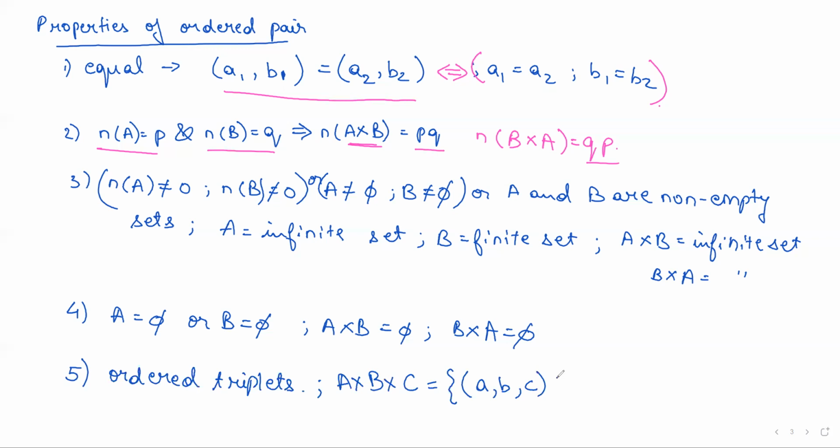I'm considering small a to be a variable representing elements of A, small b a variable representing elements of set B, and small c a variable representing all the elements of set C. This (a, b, c) in round brackets is an example of an ordered triplet.